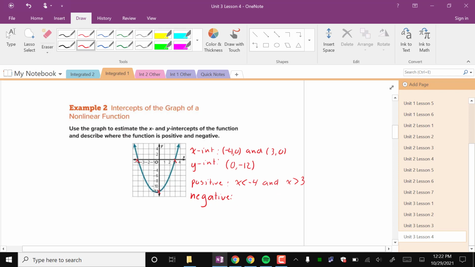Well, that's going to be the time in between. x is between -4 and 3. So all this time right here, it's going to be negative. Over here and over here, it's going to be positive.